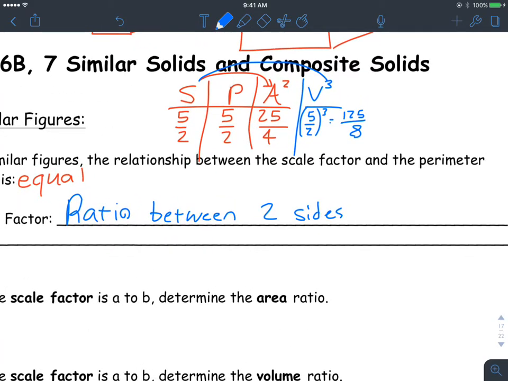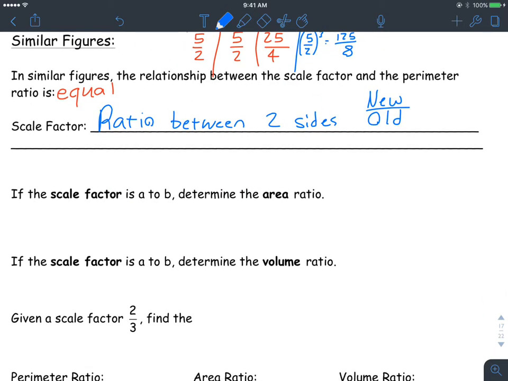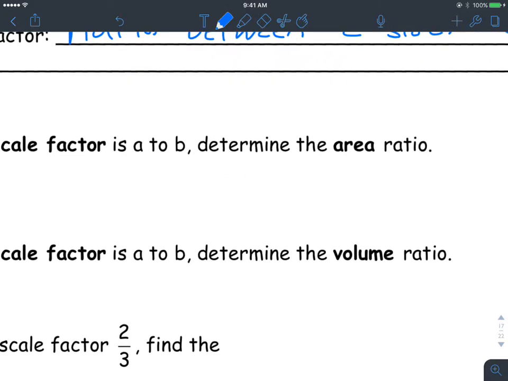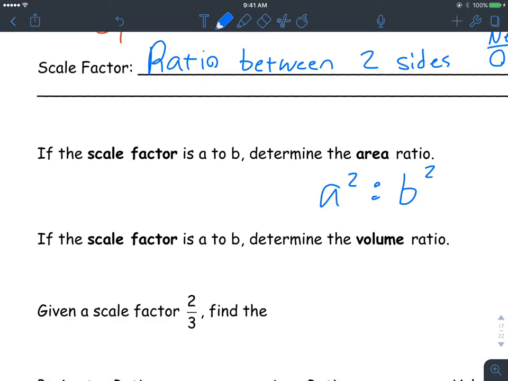And typically we want to say that it's the new over the old to get your scale factor, and that'll tell you if it's increasing or decreasing in size. You also have the scale factor here, A to B, determine the area ratio. So like we said above, you're going to square the area ratios, and the volume ratios, we're going to cube those.